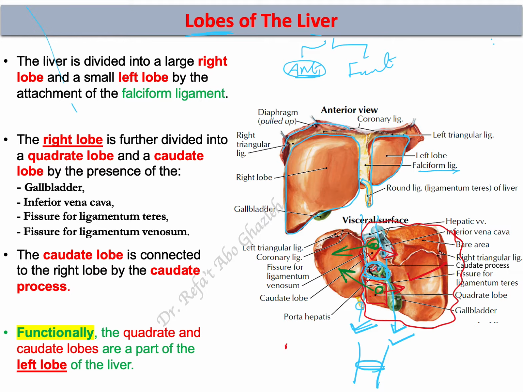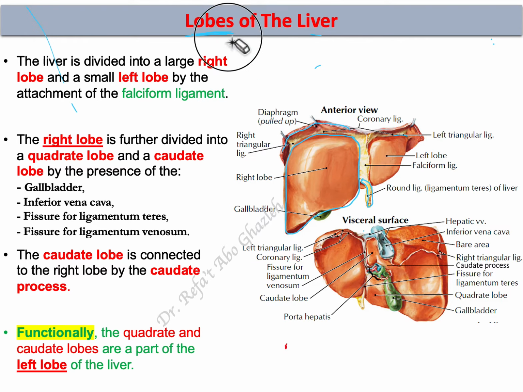So let me summarize it for you. Anatomically, the falciform ligament divides the liver into a large right lobe and a small left lobe. This is anatomically.